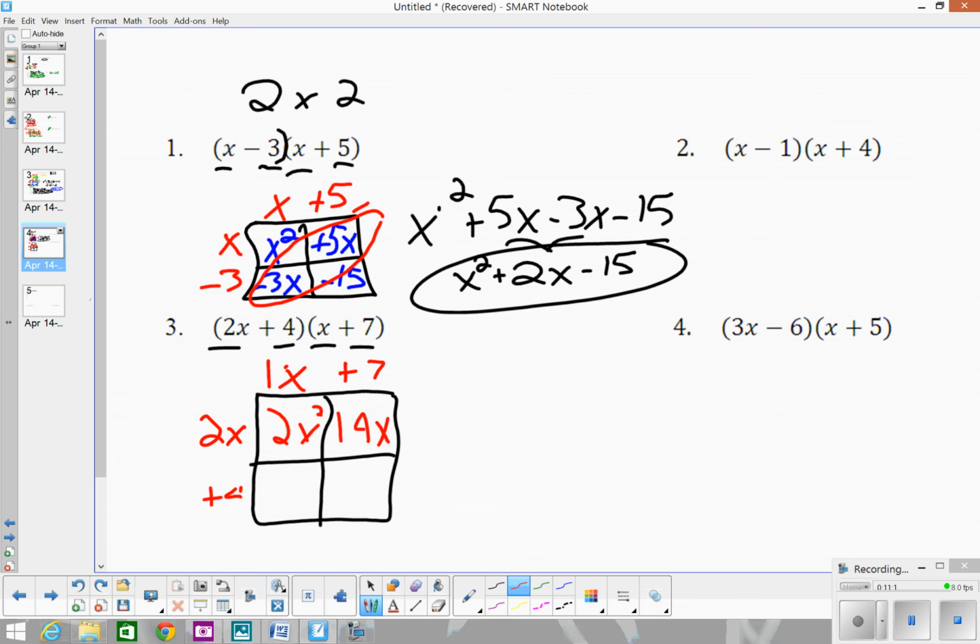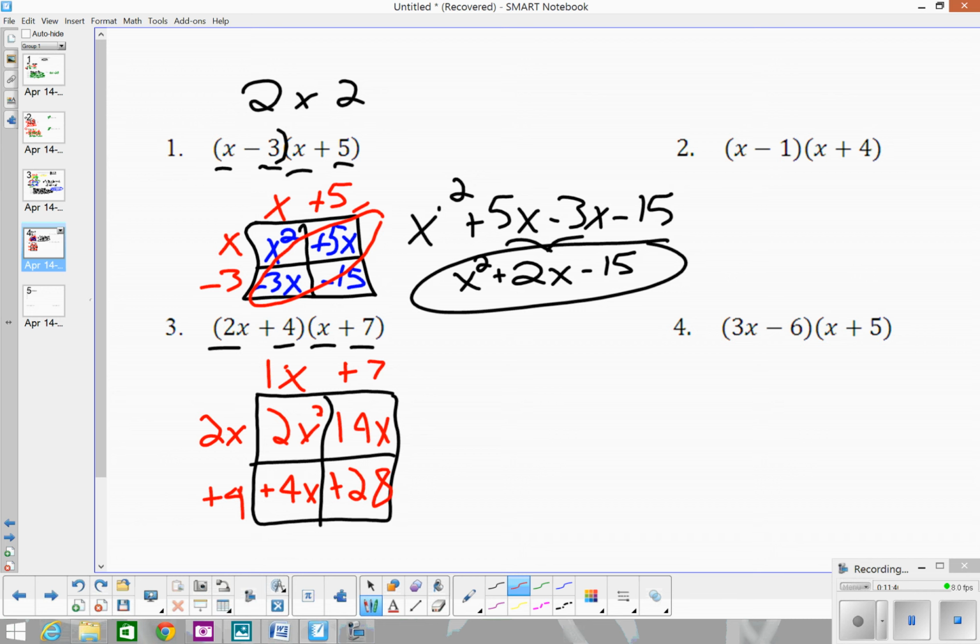Down here, I'm going to have 4. 4 times just regular x is going to be positive 4x. Then this last box is 7 times 4, positive 28.